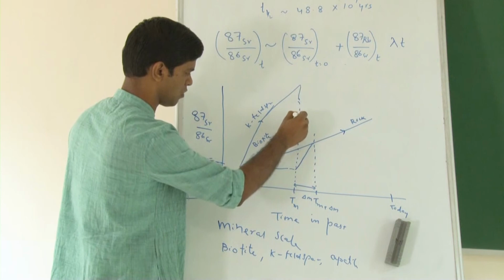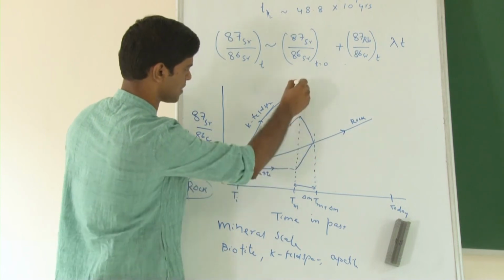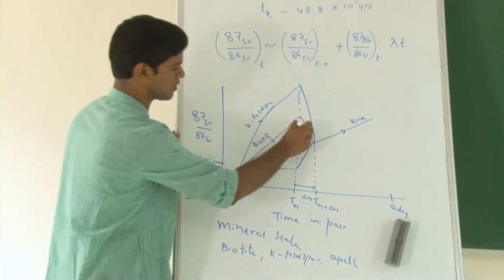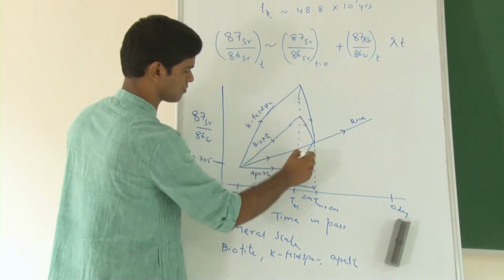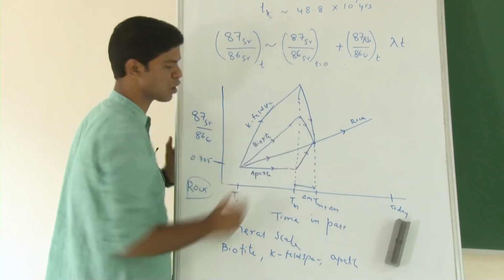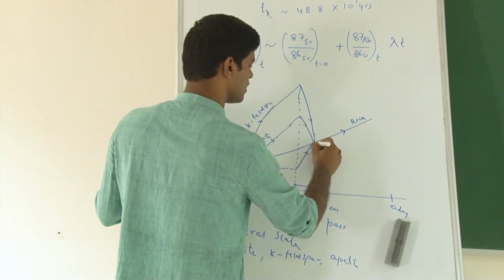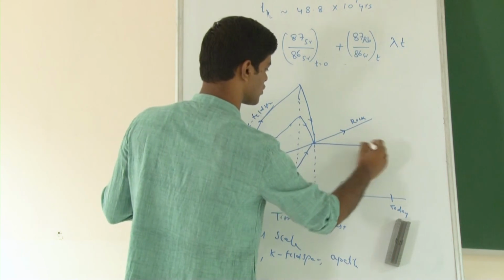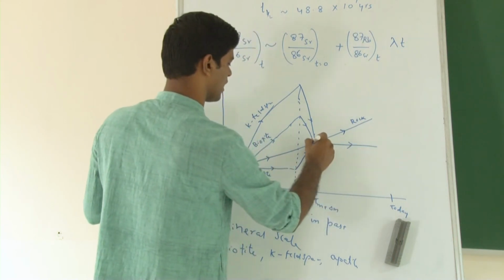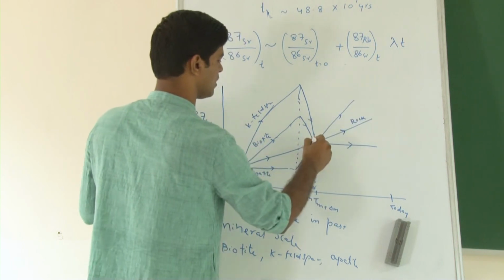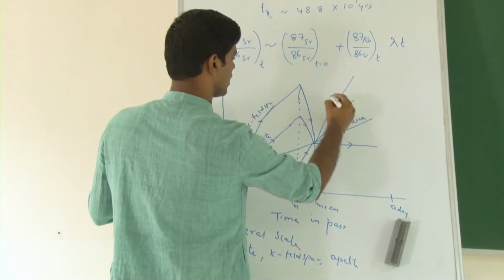All the minerals will converge and come to the rock composition. From now on, apatite will follow a straight line, the biotite will again start evolving and the feldspar will again evolve through this.